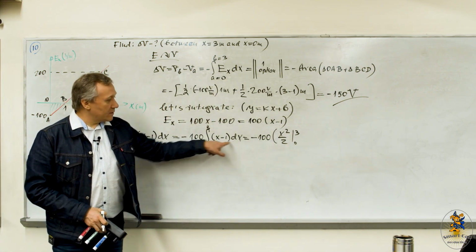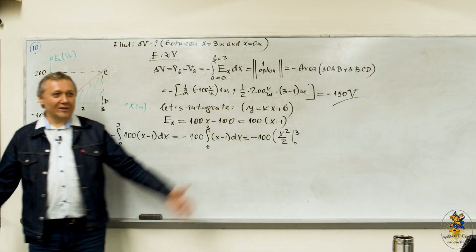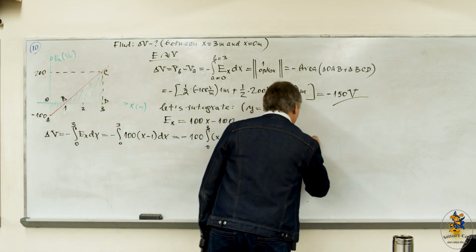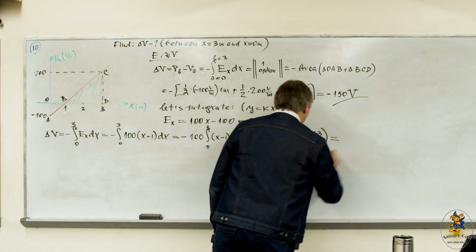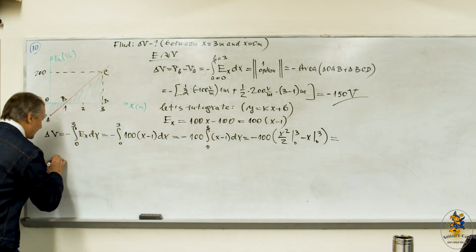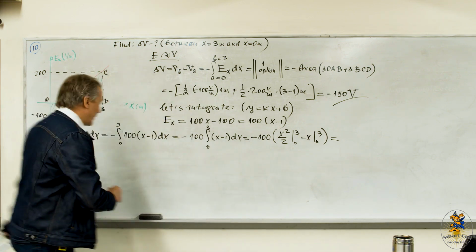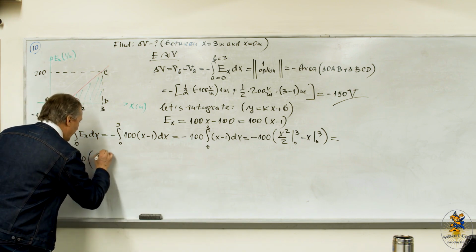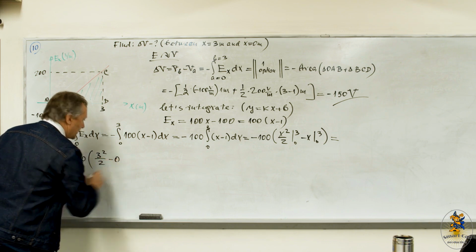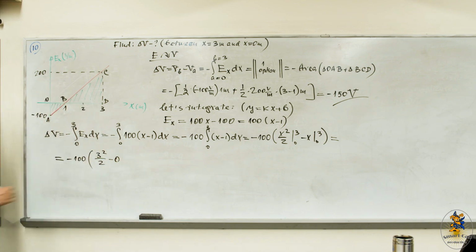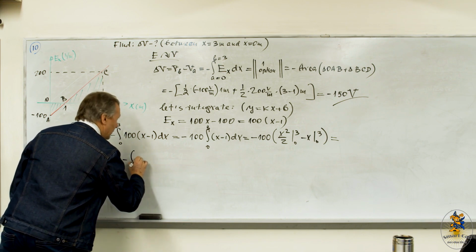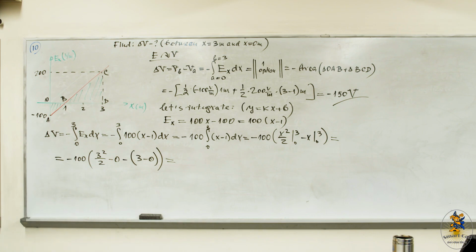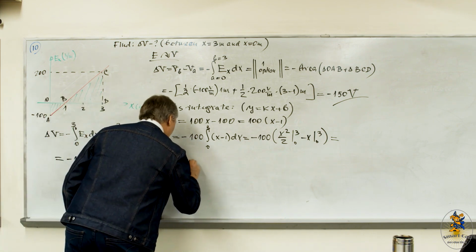And then the integral of 1 times dx is just x, so it will be minus x from 0 to 3. So plug in numbers: minus 100 times, 3 to the power of 2 divided by 2 minus 0, from the first limits, then minus 3 minus 0.